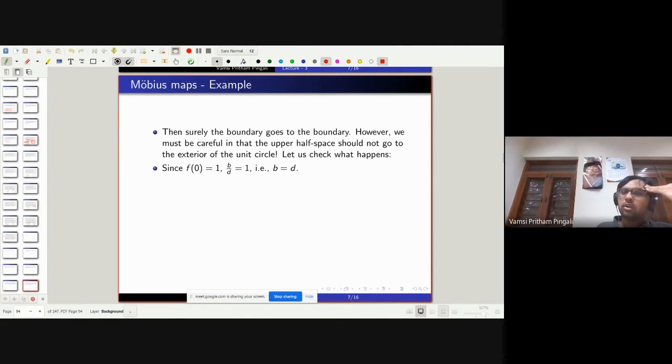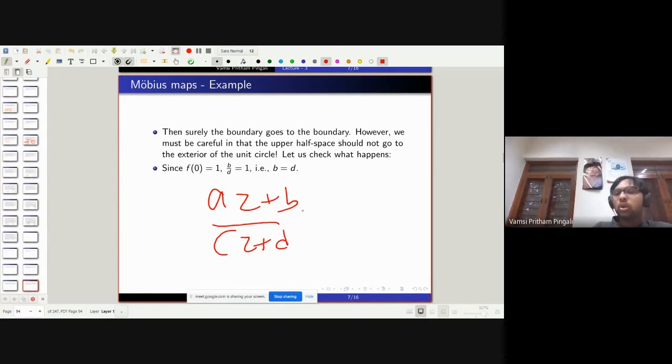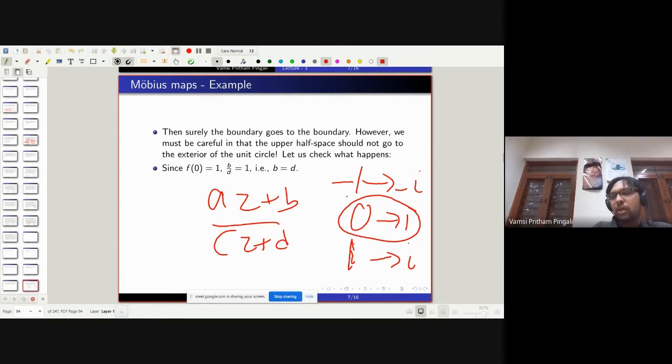Let us check what happens. Since f of z is az plus b over cz plus d, what did we demand? That minus 1 went to minus i, 0 went to 1, and 1 went to i. So f of 0 is 1, that means b over d is 1, so b equals d. And ad minus bc should not be 0.